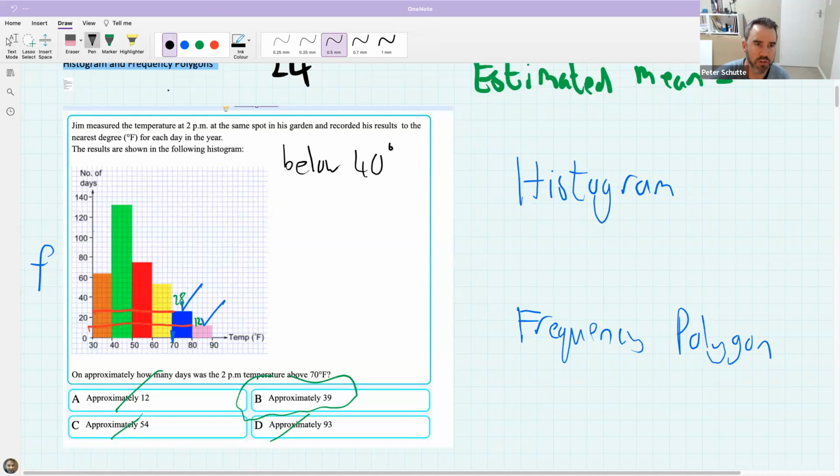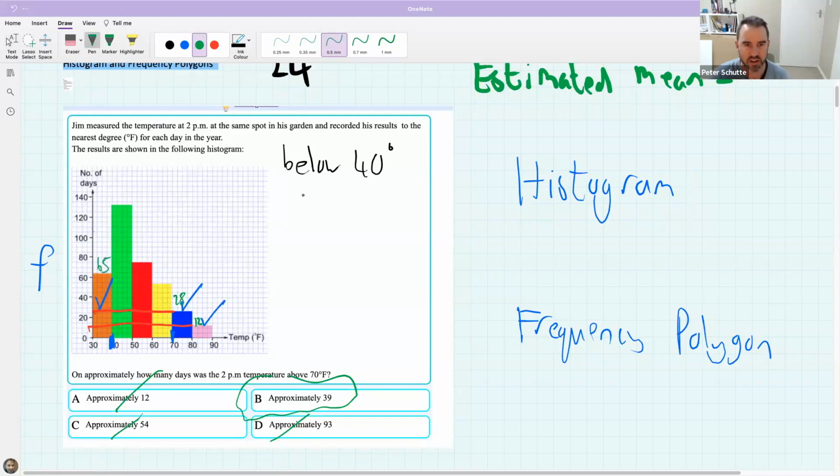So below 40 degrees, where is 40 degrees? 40 degrees is here. So below 40 can only be this interval here. So how many days is it below 40 degrees? Well, how high does this go? It goes above 60. If that's 70, this is about 64, 65, somewhere around there.